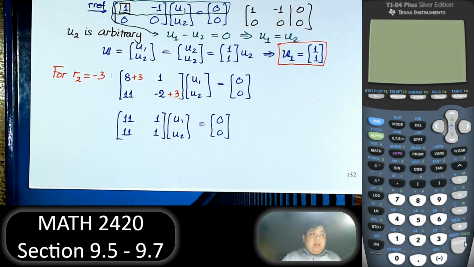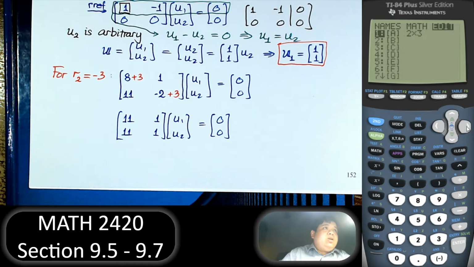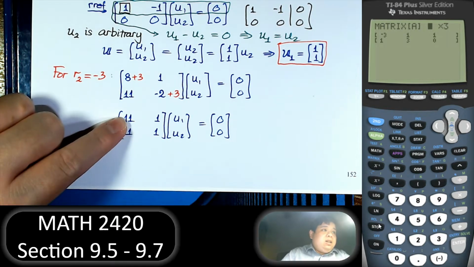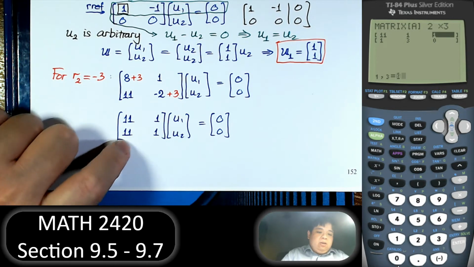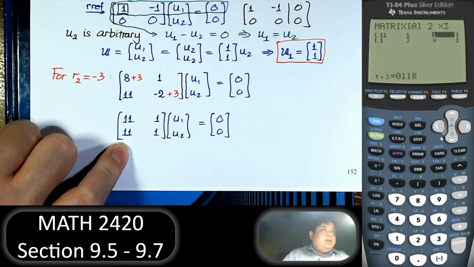Of course, you can write the matrix A as 2 rows, 3 columns: 11, 1, 0, and 11, 1, 0. It is silly, but when you go to 3 by 3, we do the same thing.